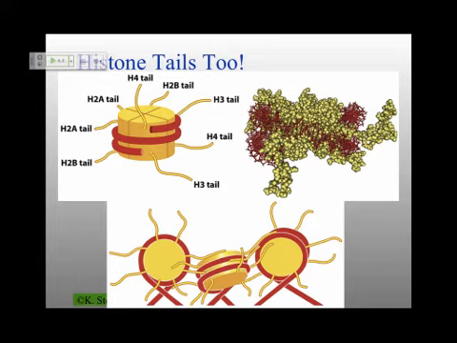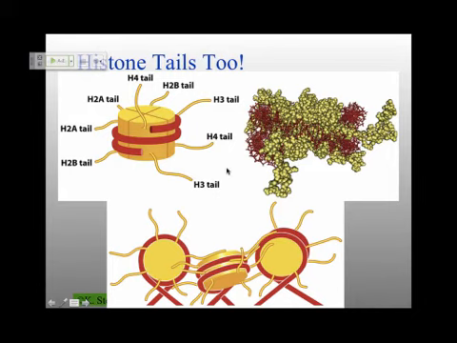In these 30 nanometer filaments, the tails of the core histones are clearly very important for interactions with the other histones. Almost none of the other structures and models actually show where these tails are interacting. And so if you look at pretty much all of these models, you'll notice that they're really skinny and floppy.